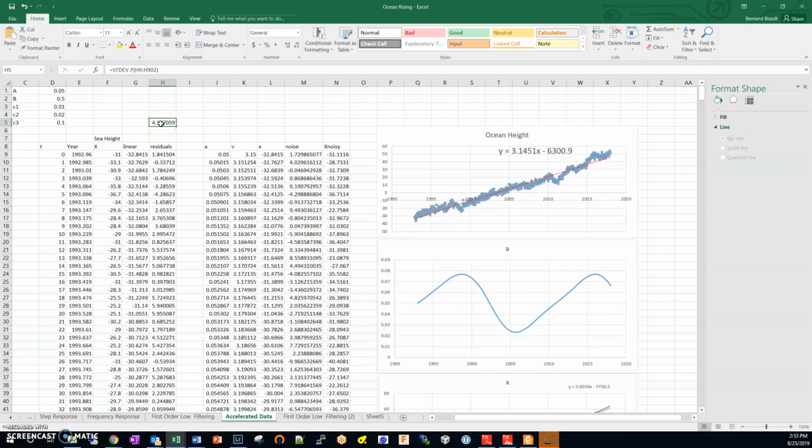So I'm going to add a noise signal. Here's the Excel formula you see right there. It will have zero mean and the same standard deviation as the residuals, in terms of ocean height.